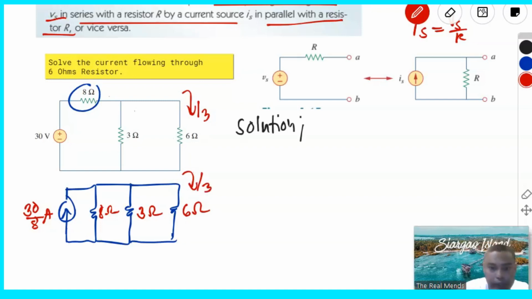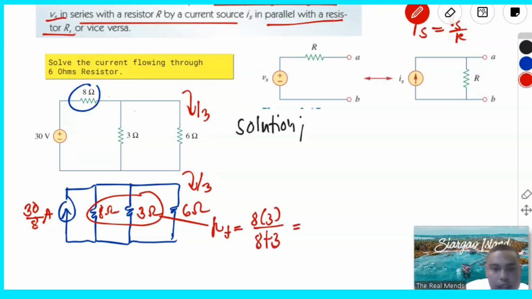Okay, so after that, if ma-analyze mo to, that these two resistors are connected in parallel. So the value for this, that is R, if we get the total resistance, that is 8 times 3 all over, we have 8 plus 3, that gives us 24 over 11 ohms.